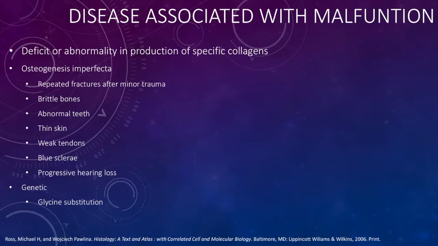And diseases that are associated with a malfunction of the production of this protein is osteogenesis imperfecta, and it's basically a genetic defect, and it affects the body by not having the ability to make strong bones.